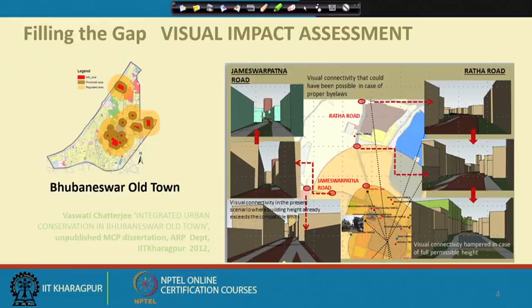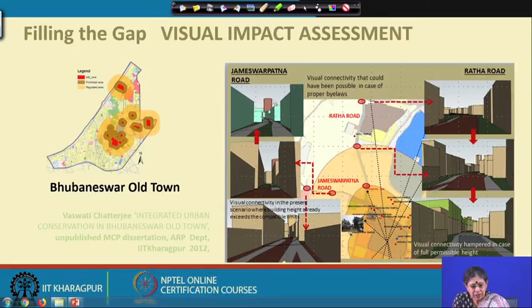So, what has been done here is that from the various cones of vision, the streets have been identified from which the Lingaraj temple is visible. This cylindrical area is actually representing the Lingaraj temple, and it is visible from the different areas as you proceed.